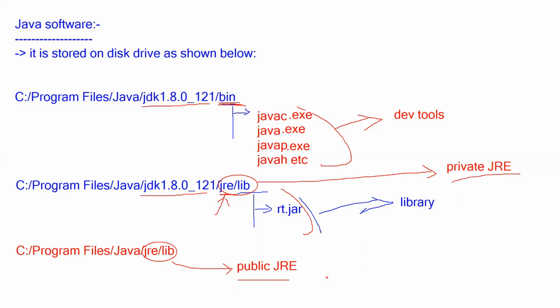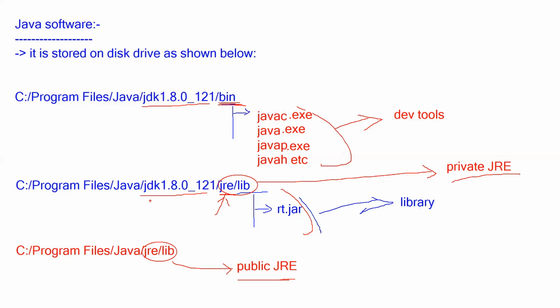The public JRE can be used by other application software like Tomcat or any other software, so you may keep the JRE in the JDK private. That's why Java provided one JRE as part of the JDK, and outside the JDK you can also install your JRE. So this is about the installation of Java software on a Windows machine.